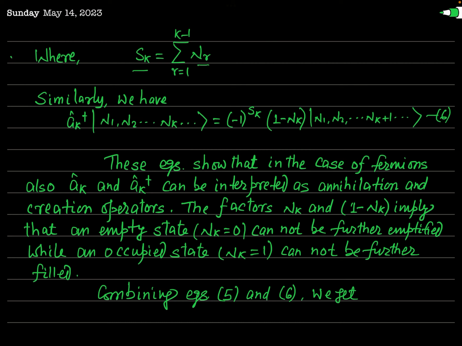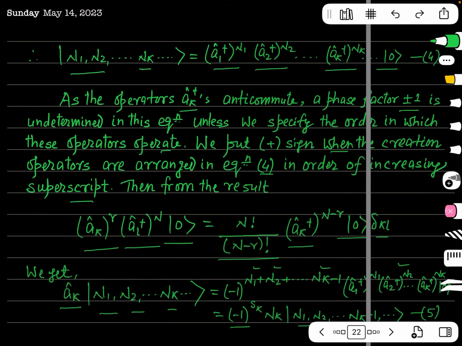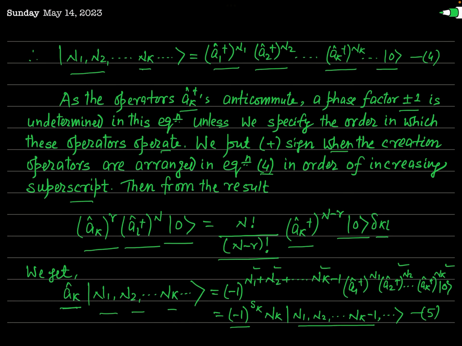Now if, instead of the annihilation operator ak hat, you operate the creation operator ak hat dagger on the same state, that is the state represented by ket n1, n2, and so on up to nk, what will be our result? You can easily write that result on the basis of the result we have just obtained.